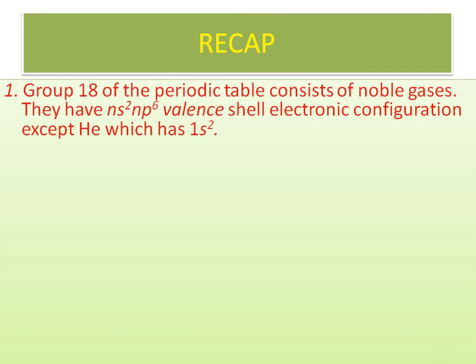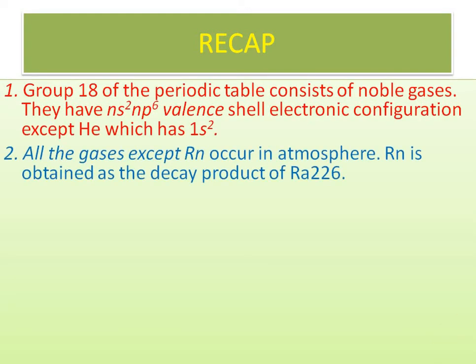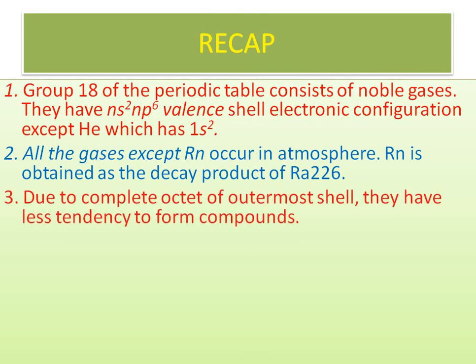So what we have learned so far is that group 18 has the general electron configuration ns2 np6, and helium completes the duplet, otherwise the octet is there in the other noble gases. Radon is radioactive in nature, and it is the decay product of radium-226.